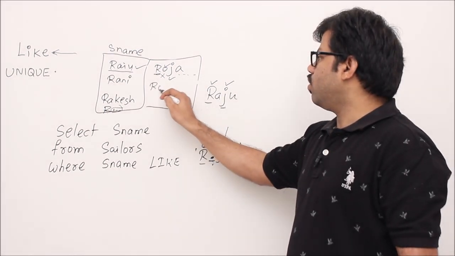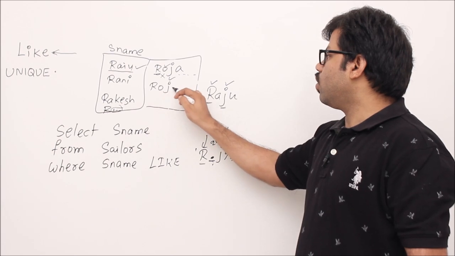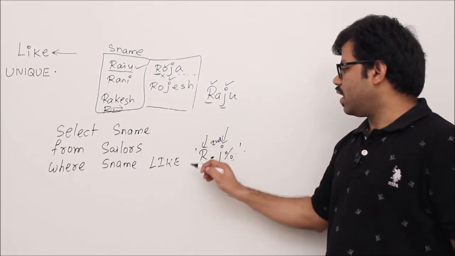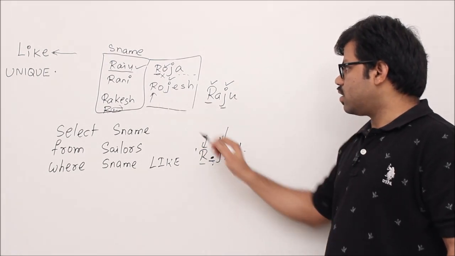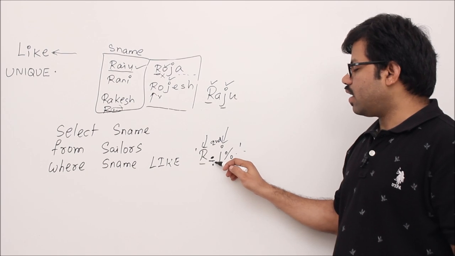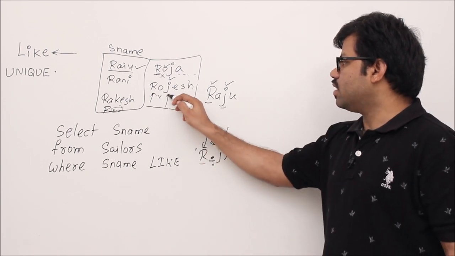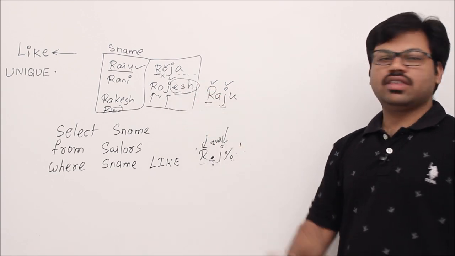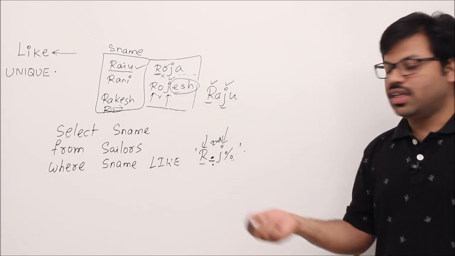Next, if someone is Rojesh, that also will be printed because the first letter is R, correct. Underscore means another character, followed by the third letter J, followed by percentile. Percentile means some sequence of characters. So Rojesh matches in that way.